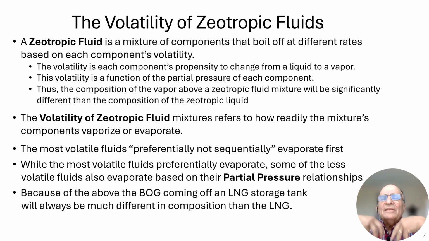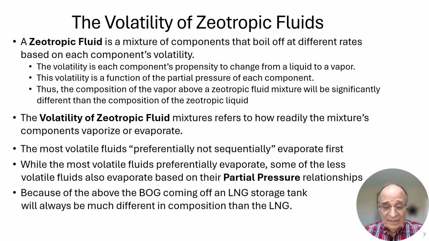That's how a zeotropic fluid will off gas, and it's dependent upon the partial pressure within the liquid and the partial pressure within the vapor. Each component has its own propensity to change from a liquid to a vapor. The volatility of a zeotropic mixture refers to how readily the mixture components evaporate or outgas.